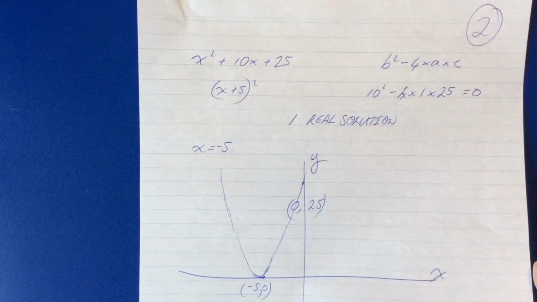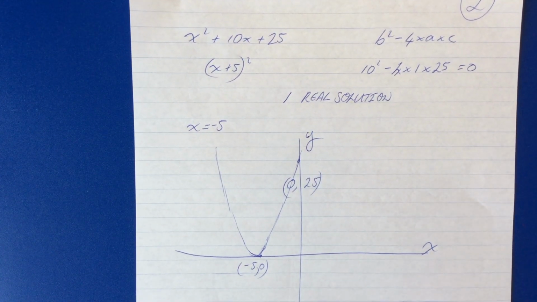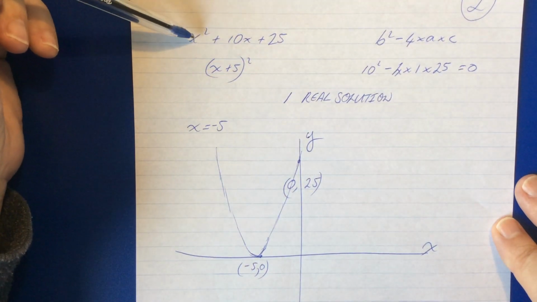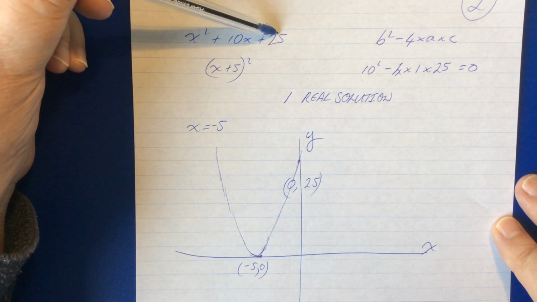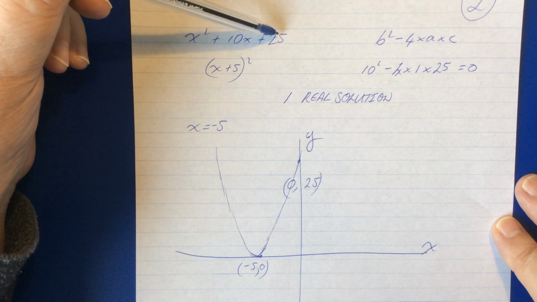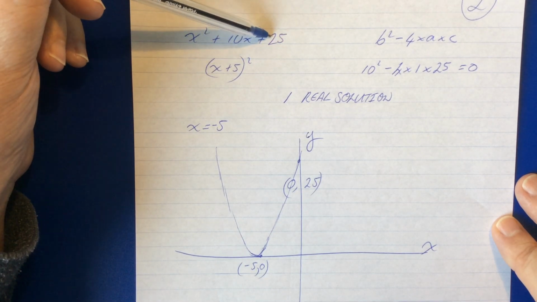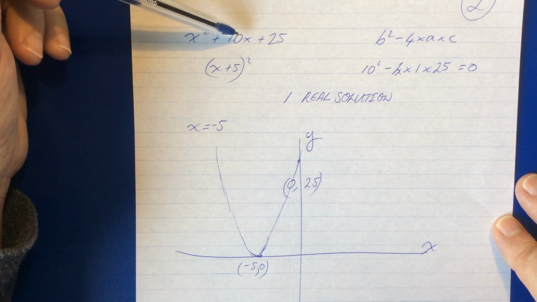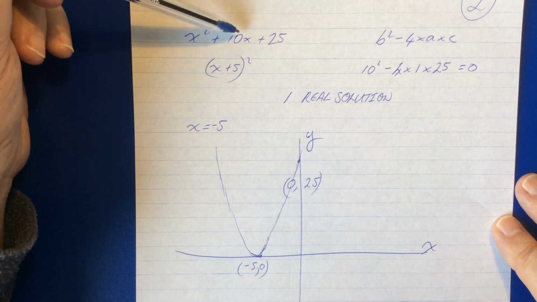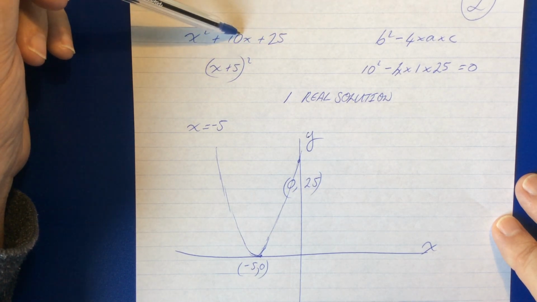Now, what's coming up is an example of what's known as a perfect square. X squared plus 10x plus 25. When you factorize this, what you do is you look for the factors of 25 that add to 10. Surprise, surprise, there are only two factors of 25 that add to 10, 5 and 5.